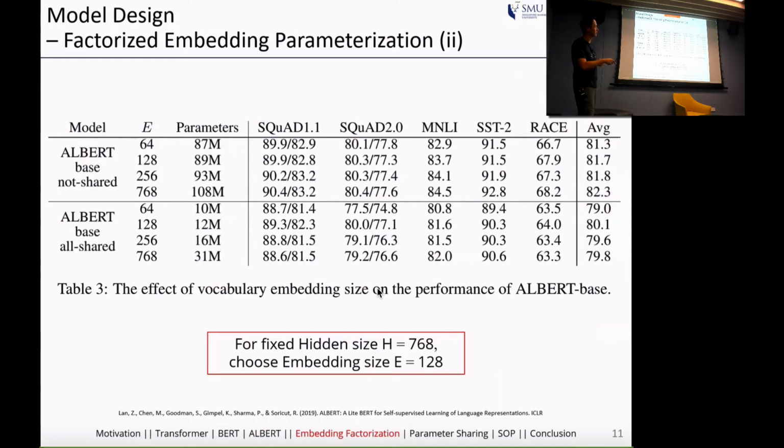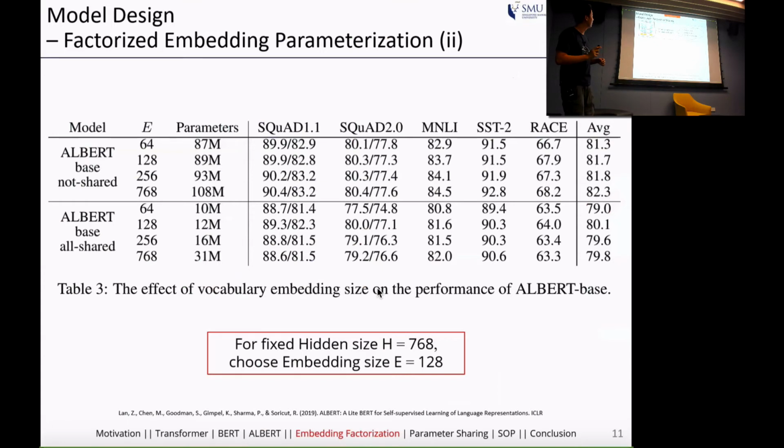You see over here there's 82%, it goes down to 81%, but the impact is not a lot, and you reduce the number of parameters quite significantly. For ALBERT, the final embedding size that they chose is usually 128, which is this one.